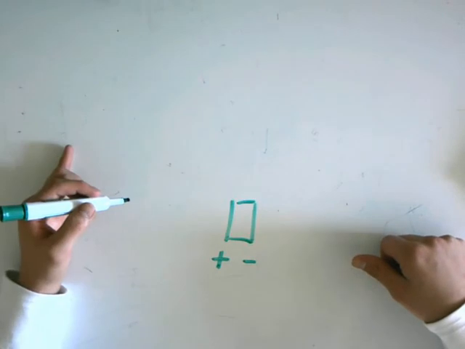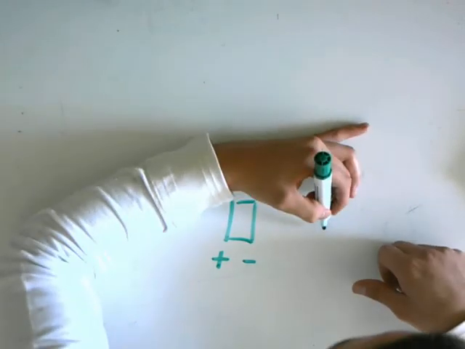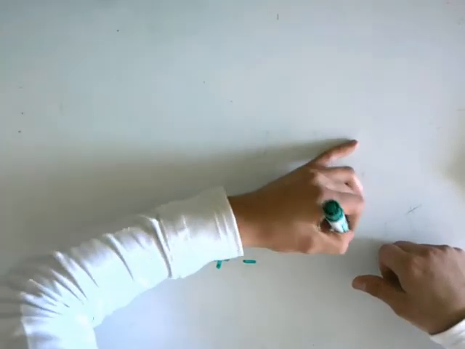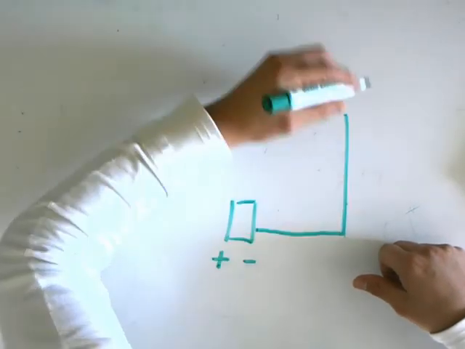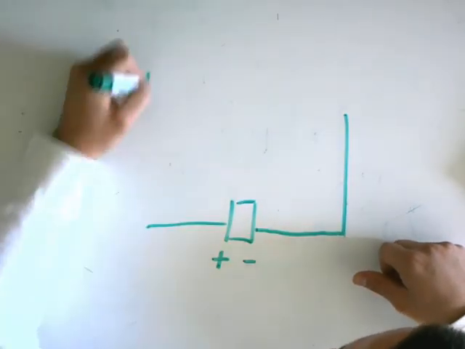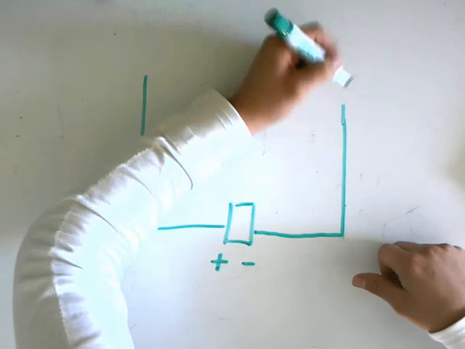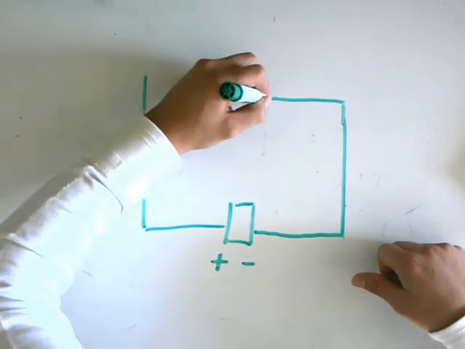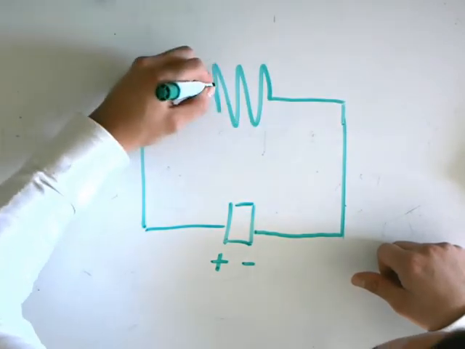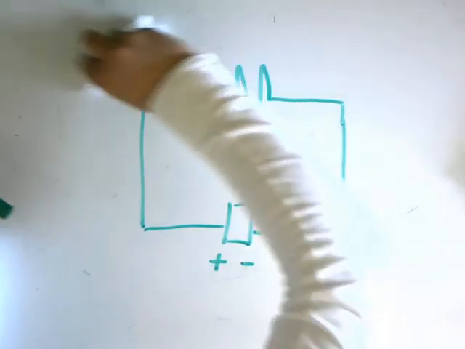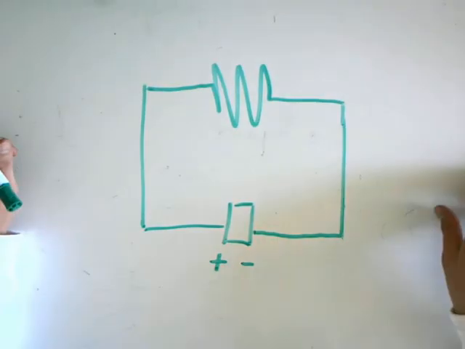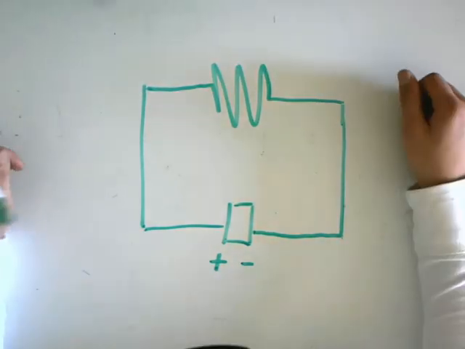So here I'm going to draw an ideal conductor, in which I'm going to explain how current works. The resistor dictates basically how fast the electrons flow.